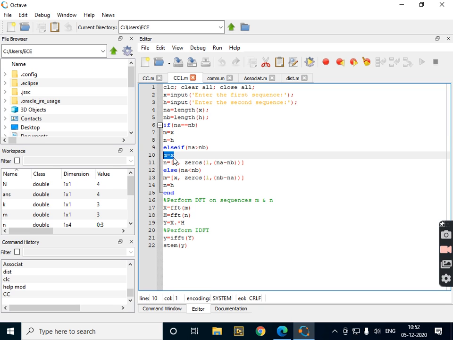In that, we'll assign x, the first sequence, to m, and the second sequence will be zero padded to make its length equal to the length of the first sequence. So n equals h with all the samples of the second sequence retained as they are, and an appropriate number of zeros padded: zeros of 1 comma NA minus NB, the difference between the lengths of the two sequences.